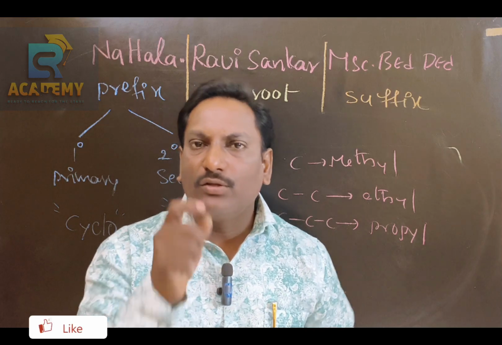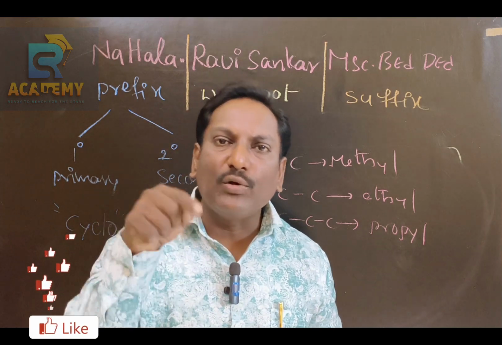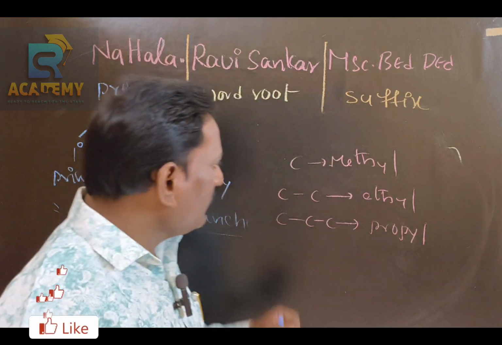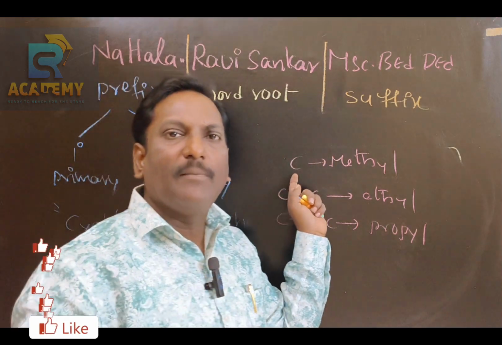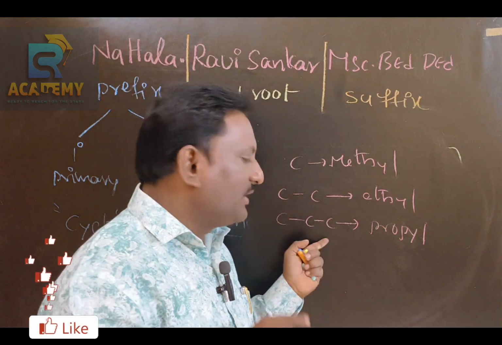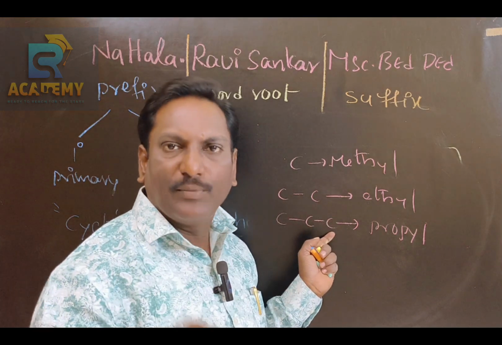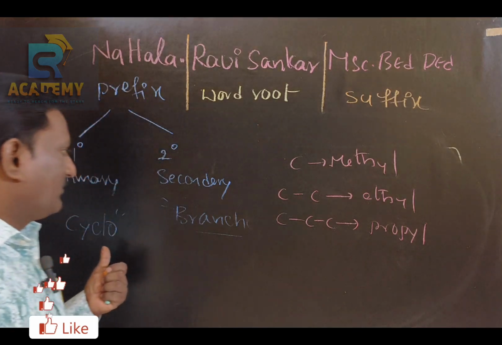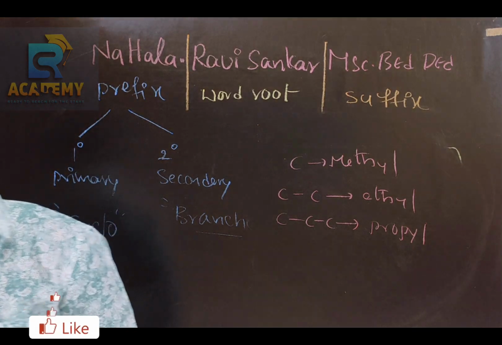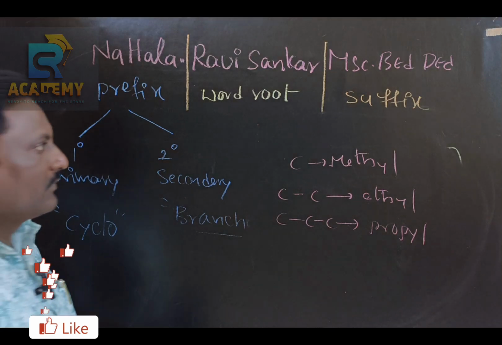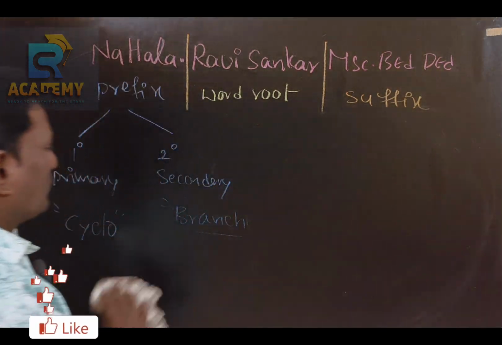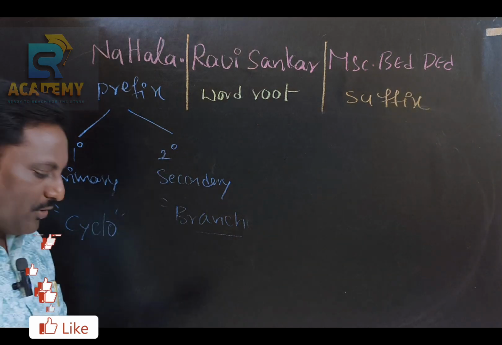Branch means those carbon atoms not included in parent chain must be considered as branches. Right? If one carbon appears as a branch it is called methyl, two carbons ethyl, three carbons propyl. Okay? Right. These are a few words about prefix. Make a note. Next one. Word root.